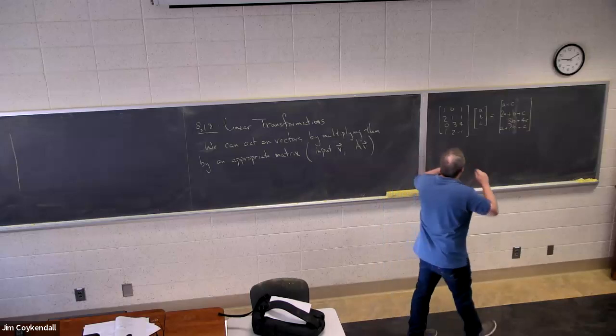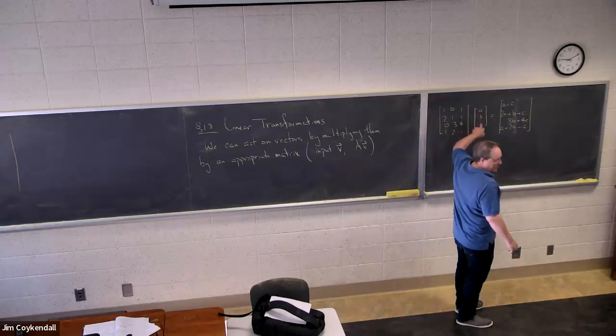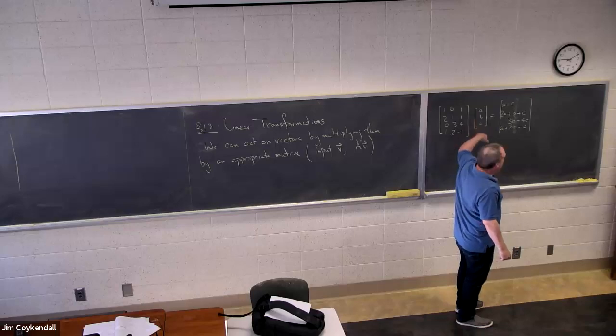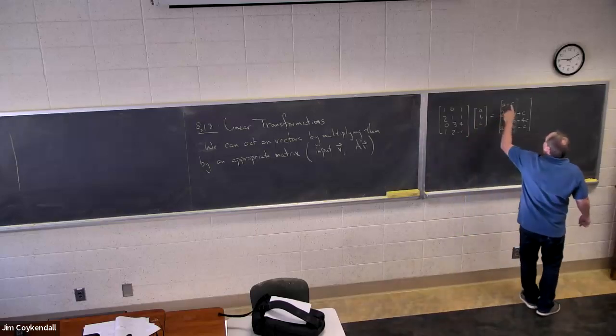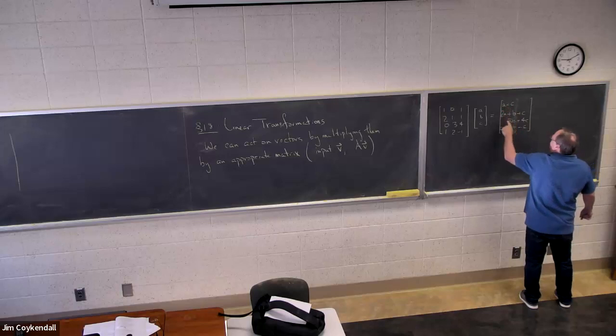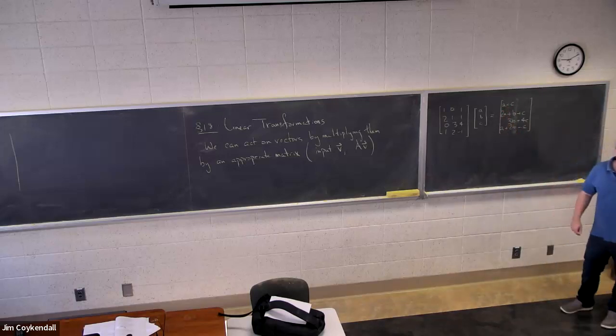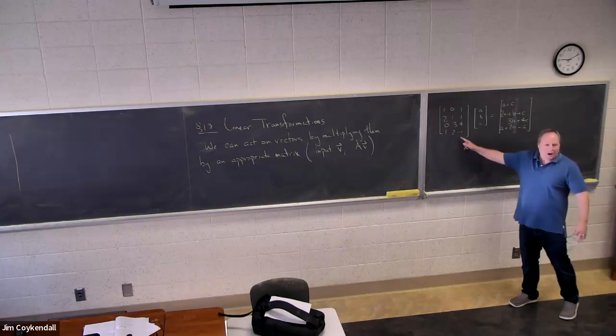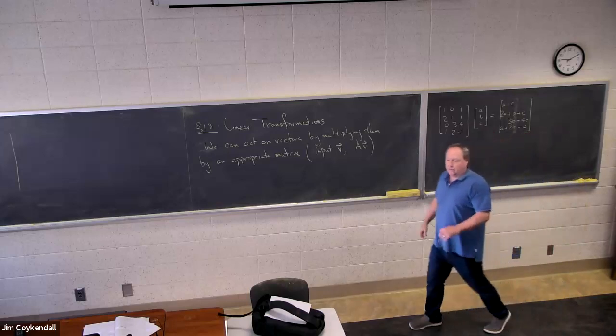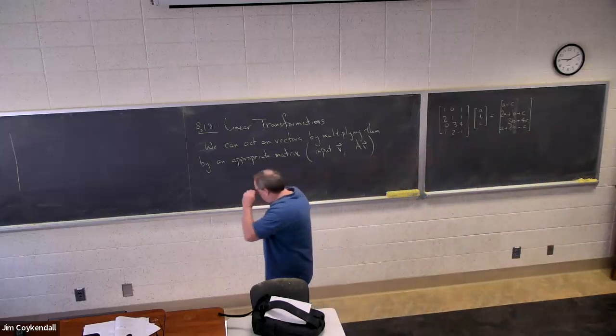So for example, if a is 1 and b and c are both 0, then that gives the vector (1, 2, 0, 1). Everybody agree? This is like a little magic box. You input a vector and it barfs out a new vector for you.